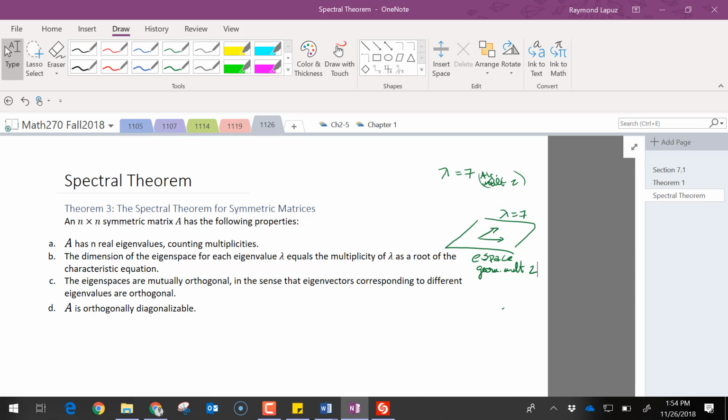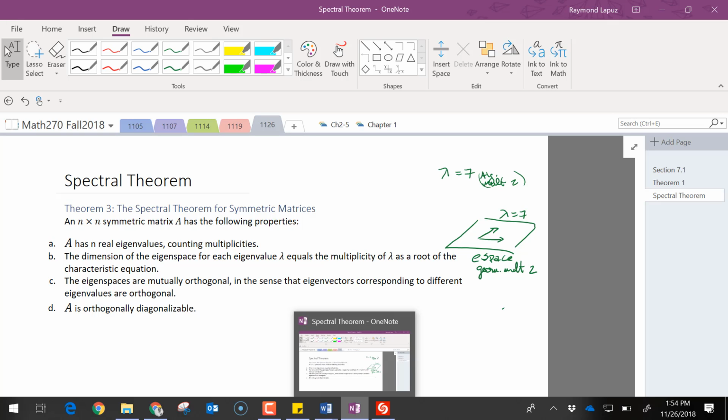Now, this is the spectral theorem, but it's only the beginning of a theorem that we need to dive into a little bit more.